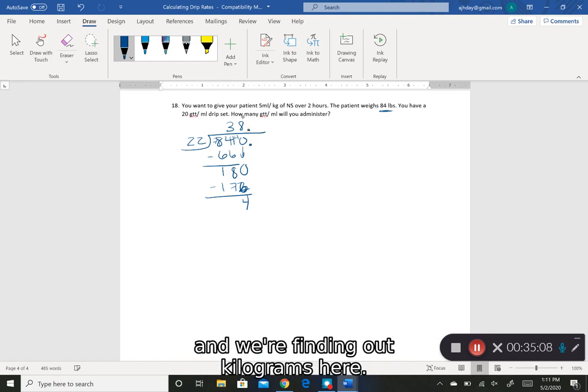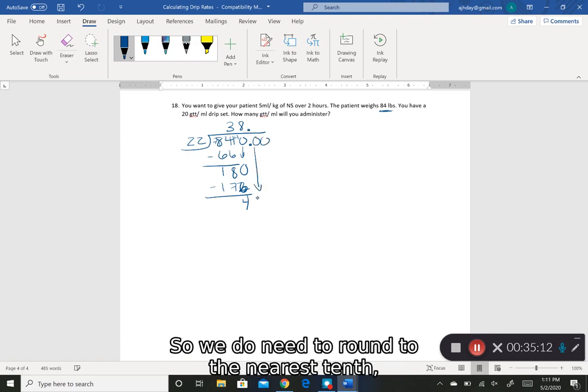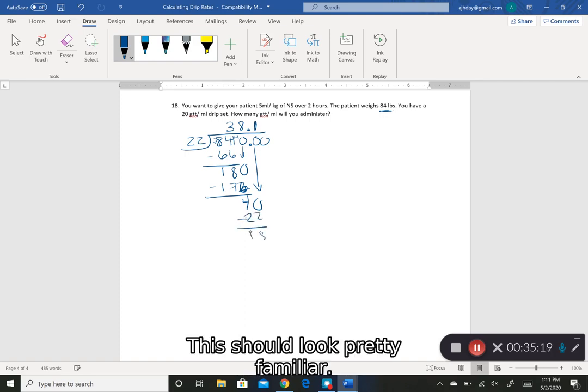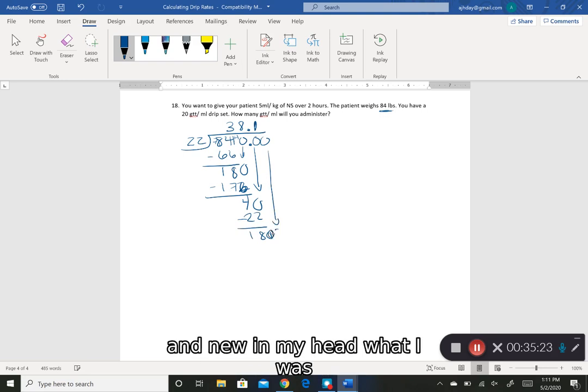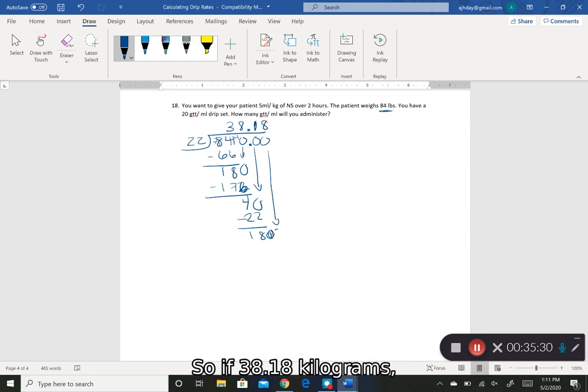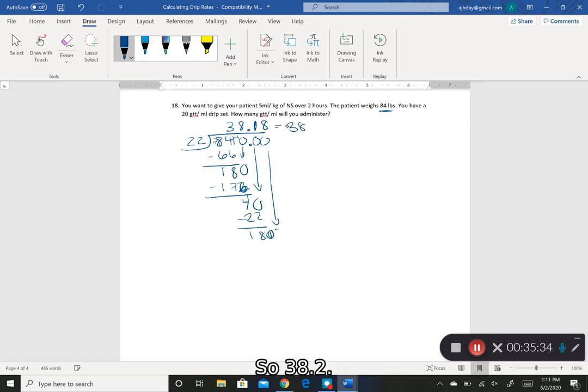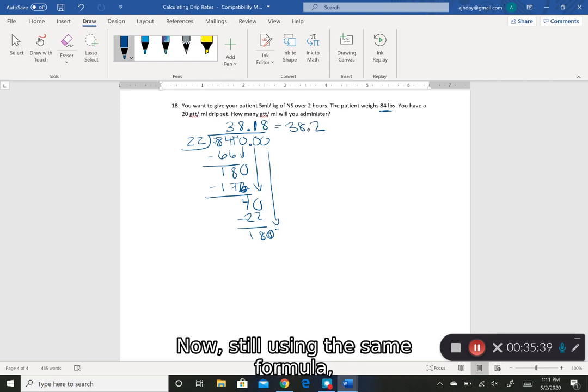We're finding kilograms here, so we do need to round to the nearest tenth. 22 goes into 40 one time. This should look pretty familiar. I already brought down my 0 because I knew in my head what I was doing. It's going to go in 8 times. So I have 38.18 kilograms. I need to round that to the nearest tenth. So 38.2.